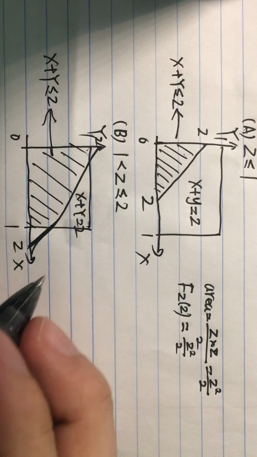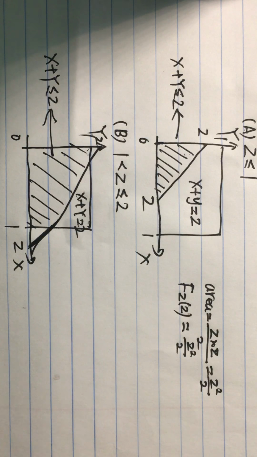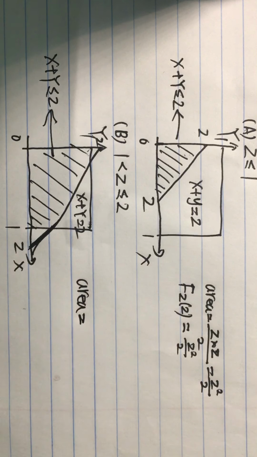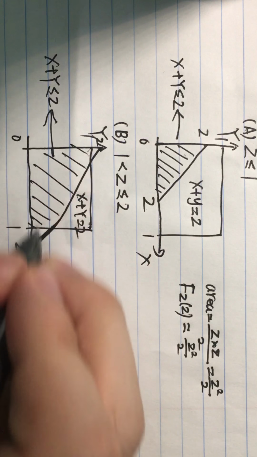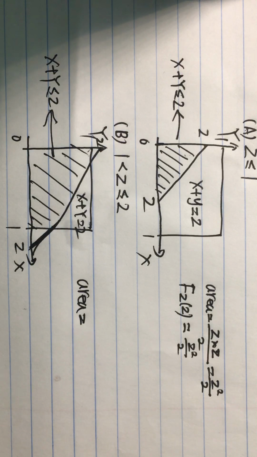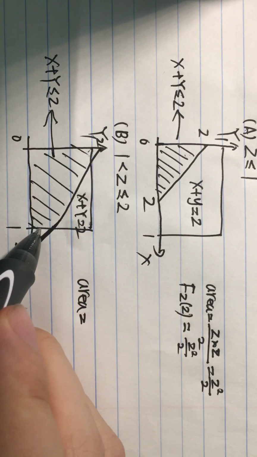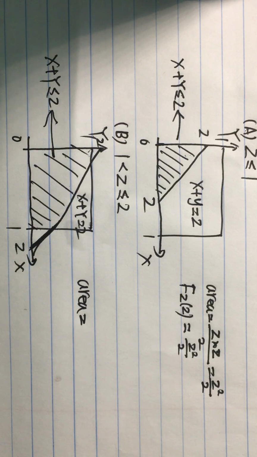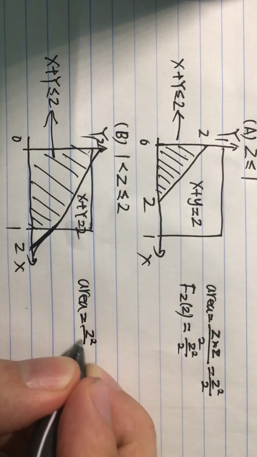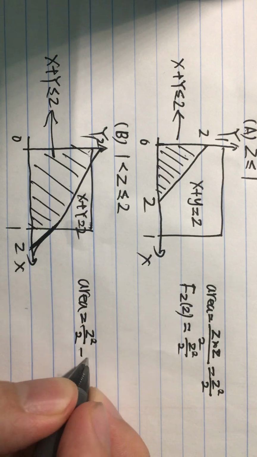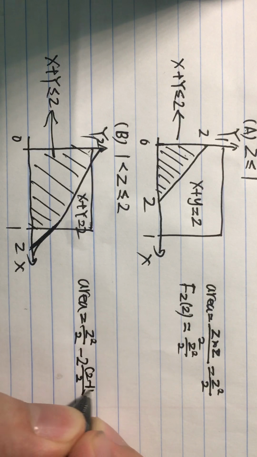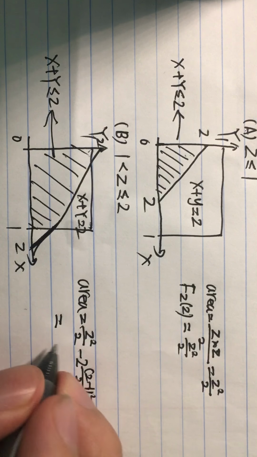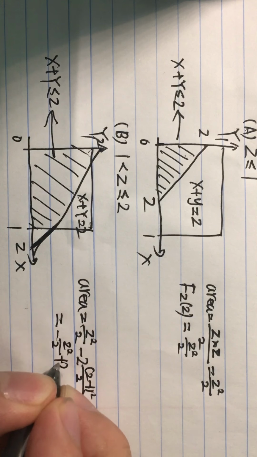So we need to figure out the area of this region. This region equals this big triangle minus 2 of the smaller triangle. So it should equal to this.